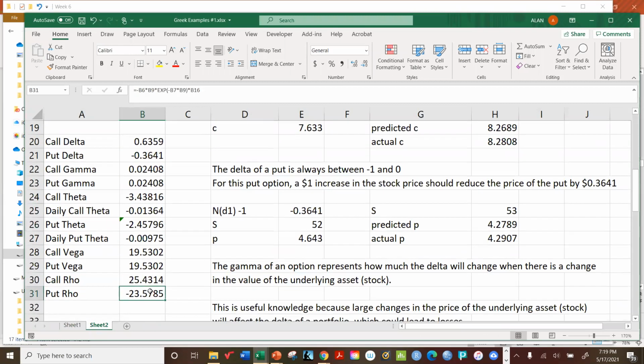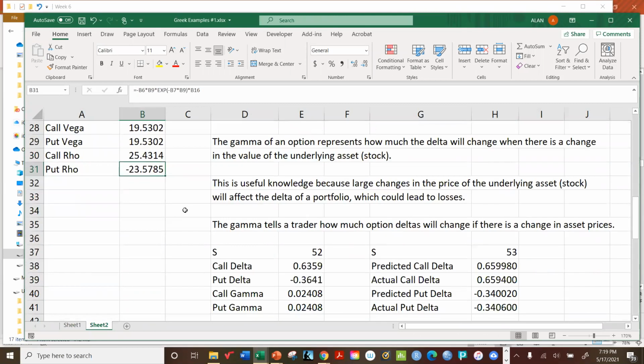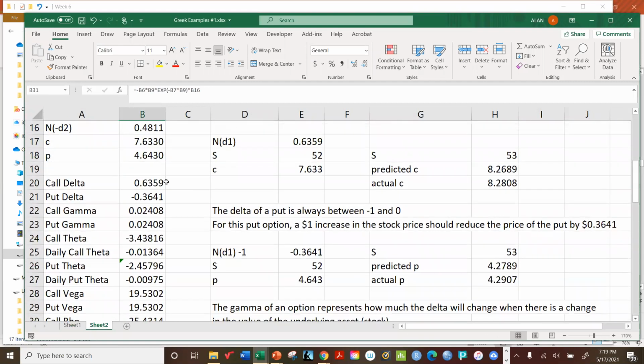So they're all here. Don't worry, we'll get to them all. And you notice the call and the put gamma are both positive, and they're the same number because it's the same option. And it's also a very small number.